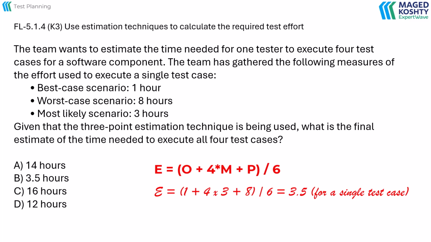The scenario of the question says, the following measures of the effort used to execute a single test case, and the question is, what is the final estimate of the time needed to execute all 4 test cases? Ouch, we all could fall for that one. So, we need to multiply 3.5 by 4 and the final answer is 14, which is option A.